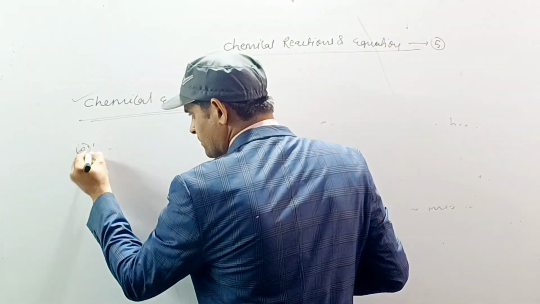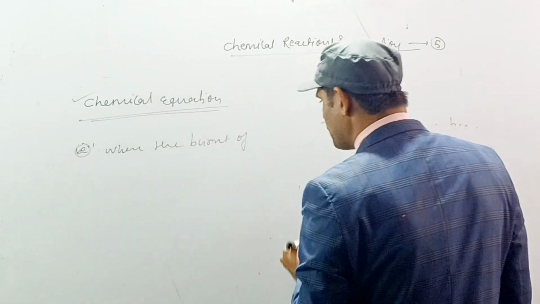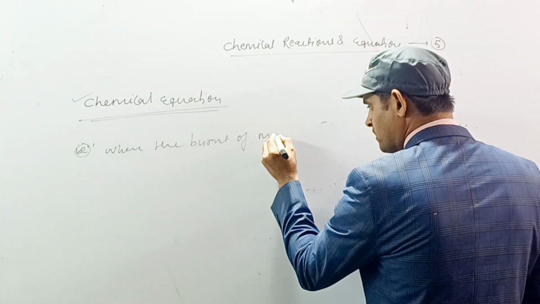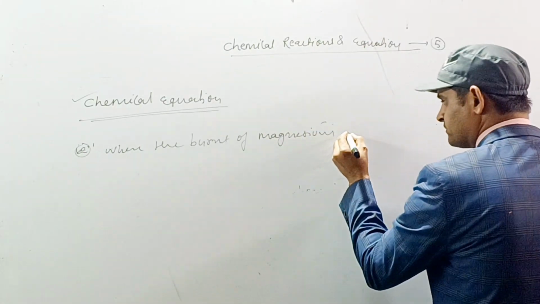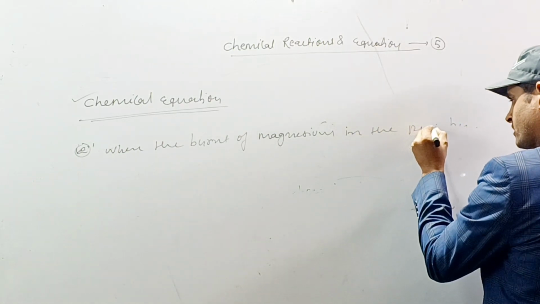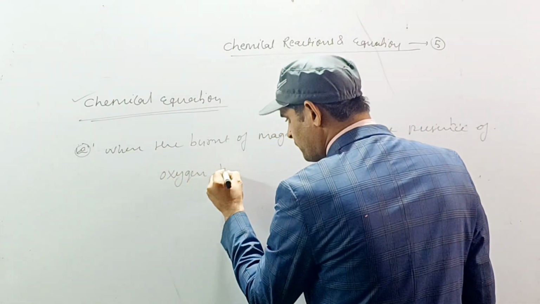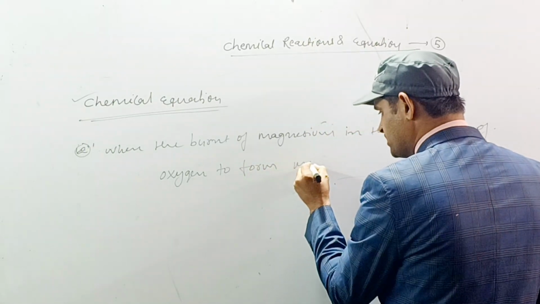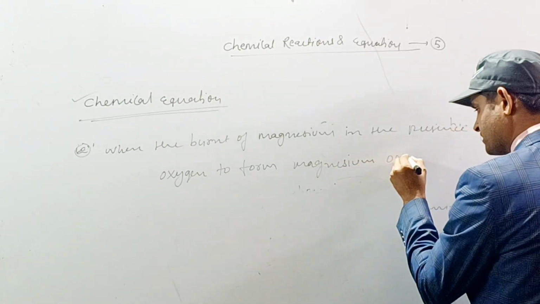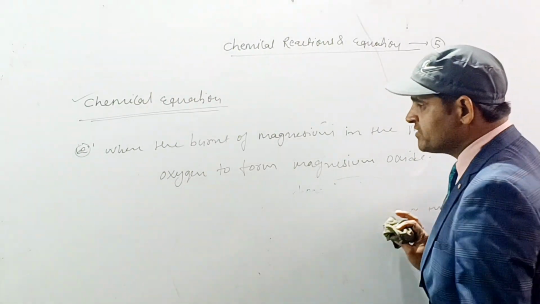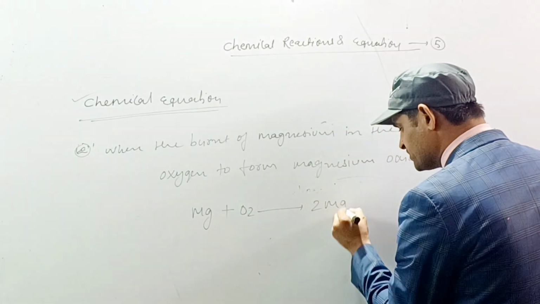When magnesium is burnt in the presence of oxygen to form magnesium oxide, we will write this chemical formula: magnesium plus oxygen gives 2MgO.